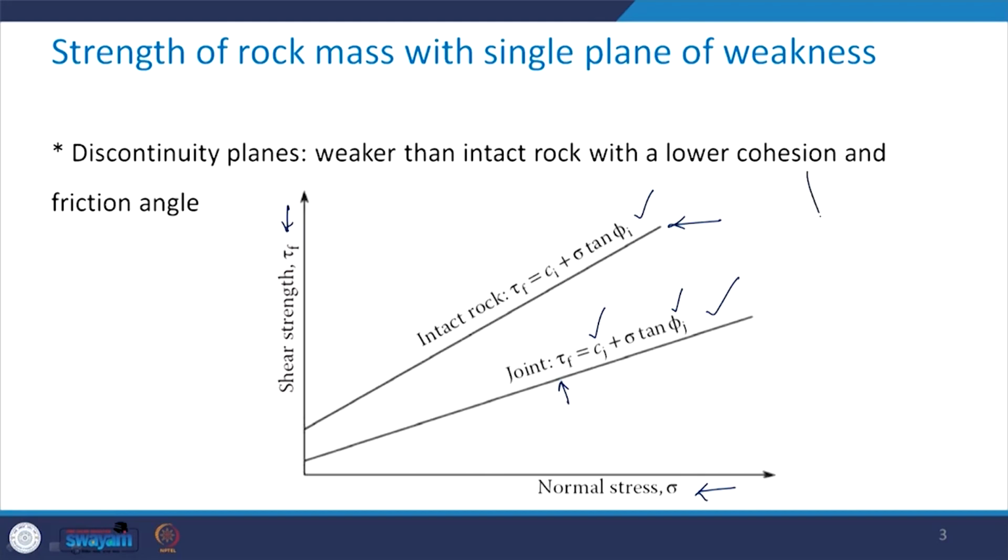What that means is that Cj is less than Ci and phi j is less than phi i, as is evident from these two straight lines.